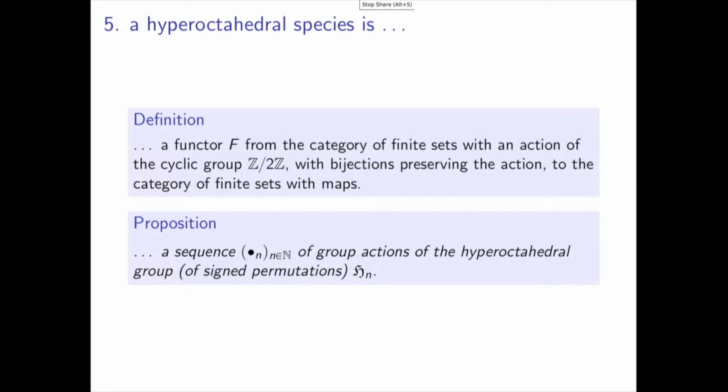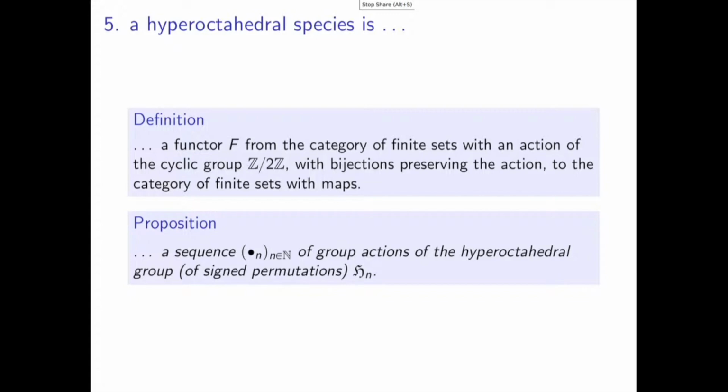Why is this the most interesting example? Because you can multiply two group actions here. There's a natural notion of multiplication. For example, you don't have this for the sequence of cyclic group actions. There you cannot multiply. And also there's a very natural notion of plasticity. In fact, there are two notions of plasticity which come very natural.